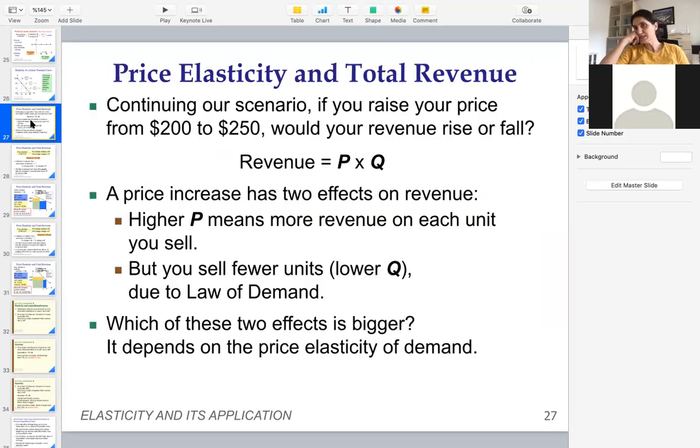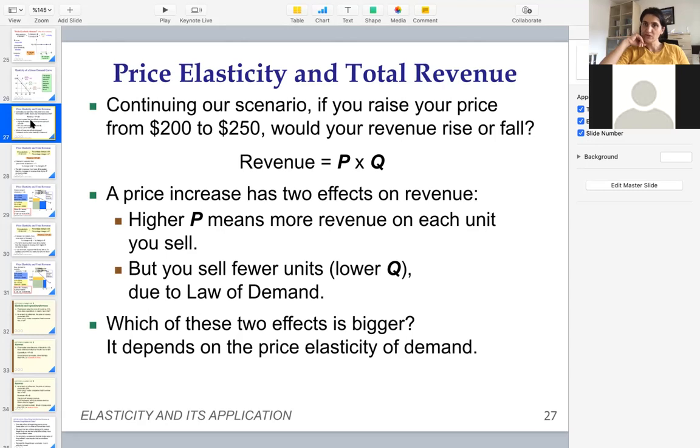They are related because the formula for revenue is P times Q. Price elasticity tells you how a change in price affects quantity demanded. So continuing our scenario, if you raise your price from 200 to 250, would your revenue rise or fall?